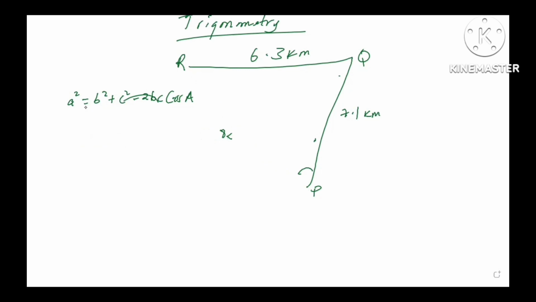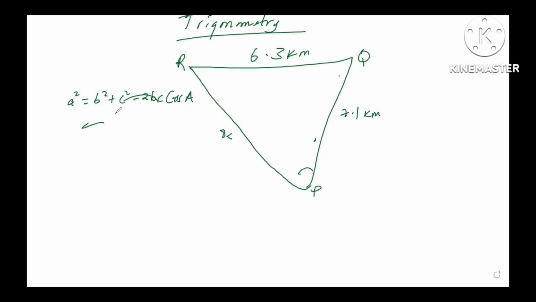You know how to make the subject of the formula, right? So you want to make cos A the subject of the formula. Again, this thing has been deleted. So how do you do that?